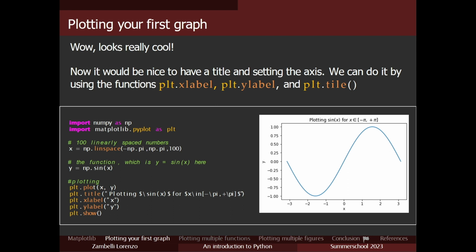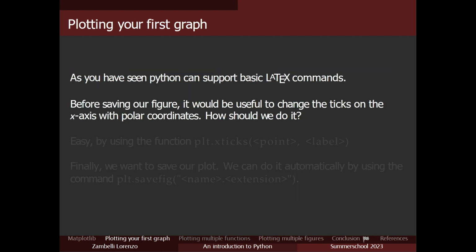Okay, there is still something that does not work well. Our x-axis has integers in it and not polar coordinates. So let's change that. We're going to use the xticks function where the first parameter is going to be the points and then the labels that you want to change the points into.